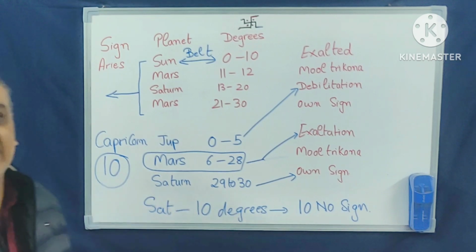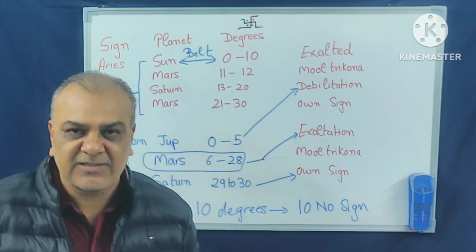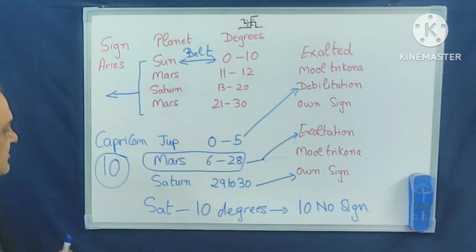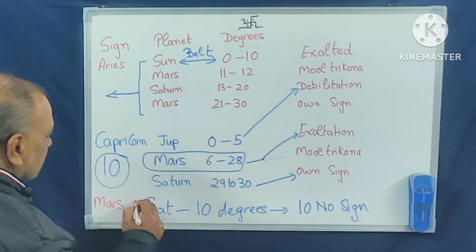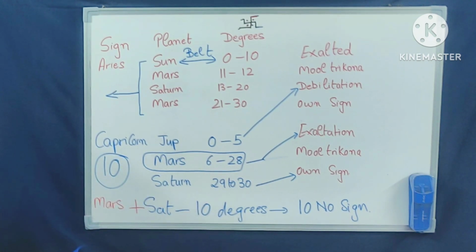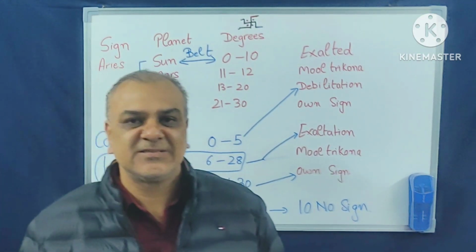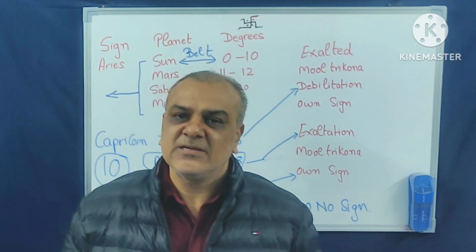So this Saturn will carry the qualities of Mars. It is not placed in its own sign. So what combination comes here? Mars plus Saturn, because Saturn is placed in the belt of Mars. So Mars and Saturn are combined together forming a yoga.